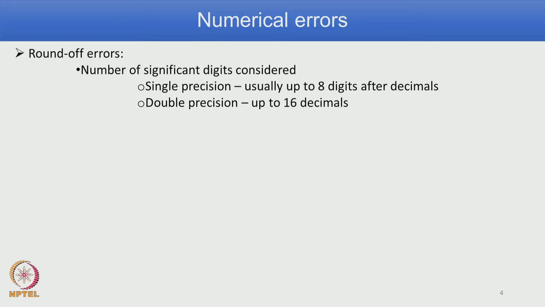The number of significant digits considered after the decimal makes a difference in the solution. So, there is something called single precision. In this we usually consider 8 digits after the decimal. If someone decides to have higher accuracy, then you go for double precision, where we consider 16 digits after the decimal.